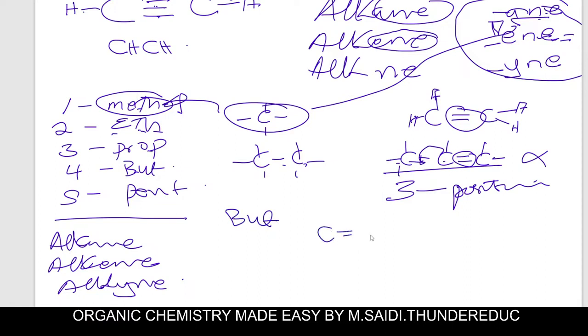For example, check. That one is 4. But I can have this. Let me show you what I'm saying. I can have this single bond and then a double bond there.